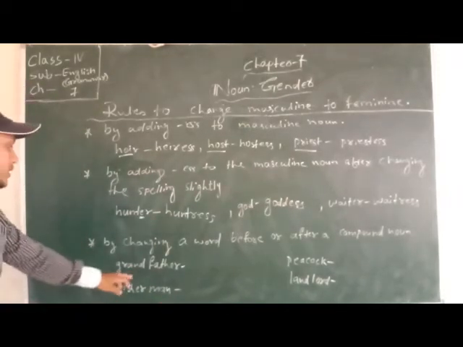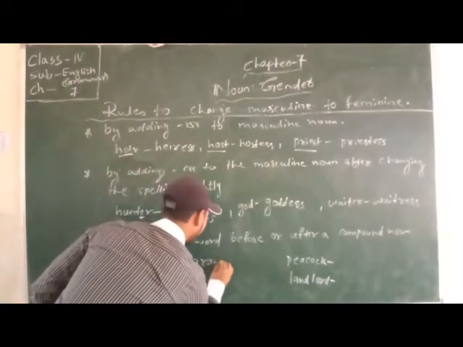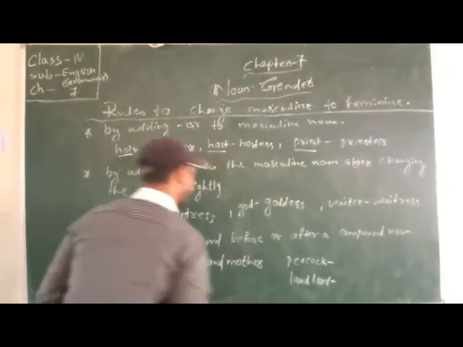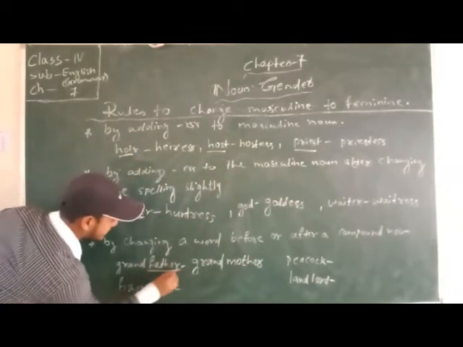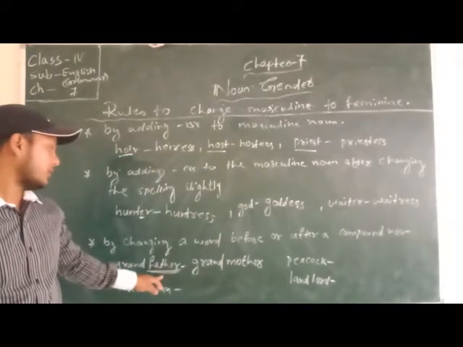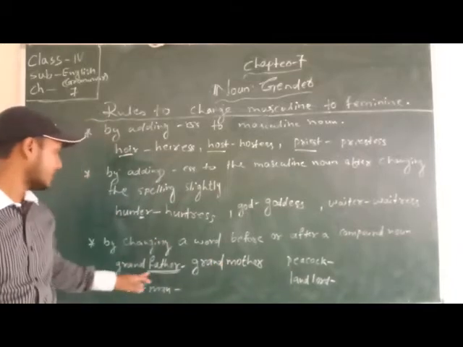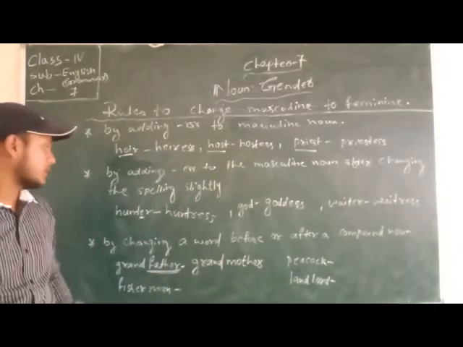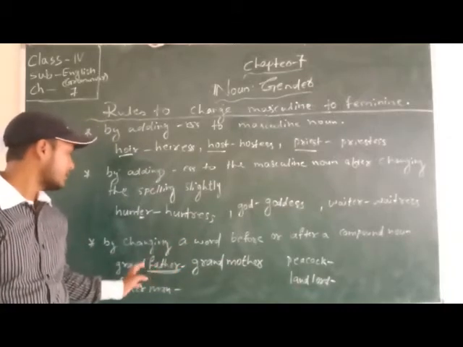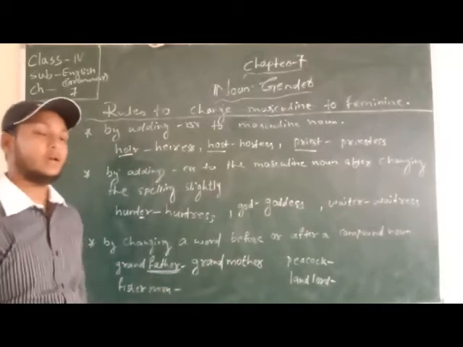Look here, grandfather becomes grandmother. We have changed the word father into feminine; the feminine of father would be mother. So grandfather becomes grandmother. Here we have changed the word that is present after grand in order to make it a feminine noun.